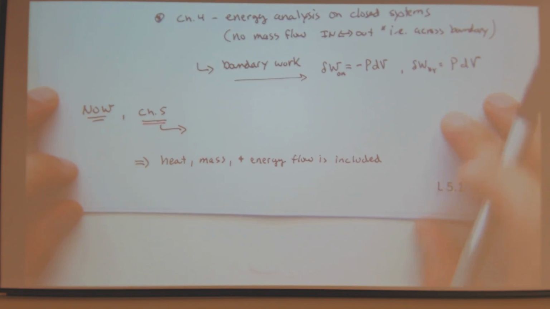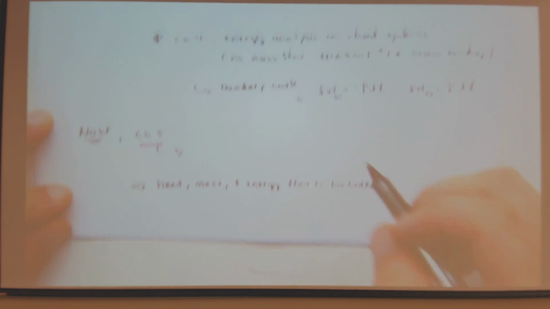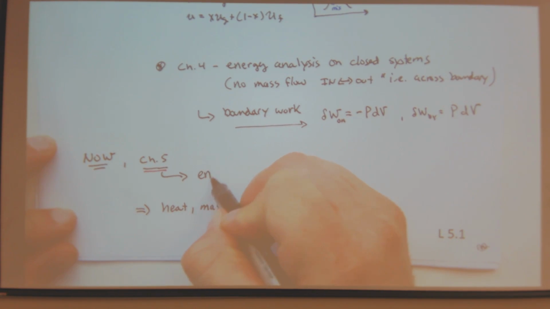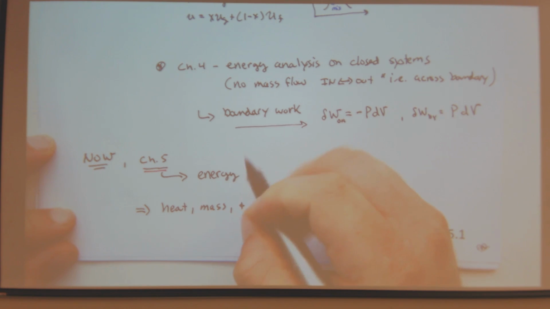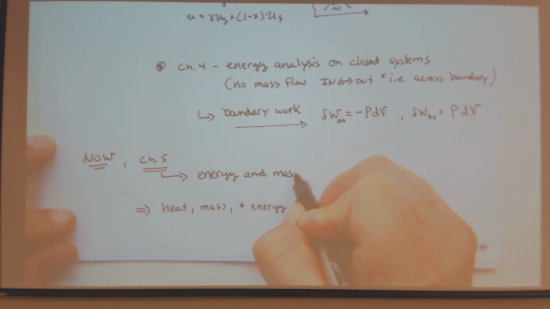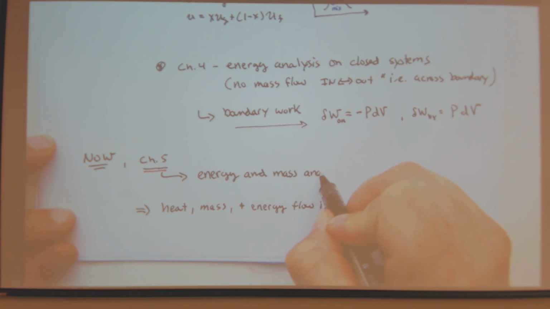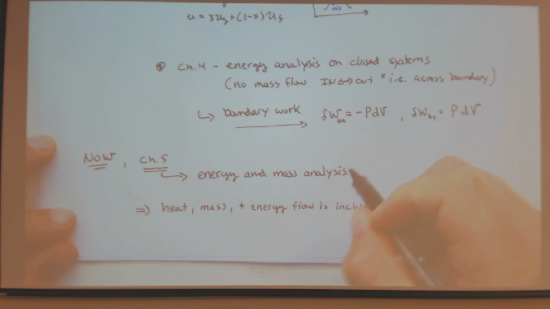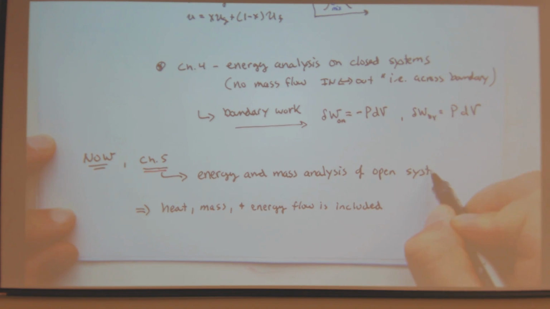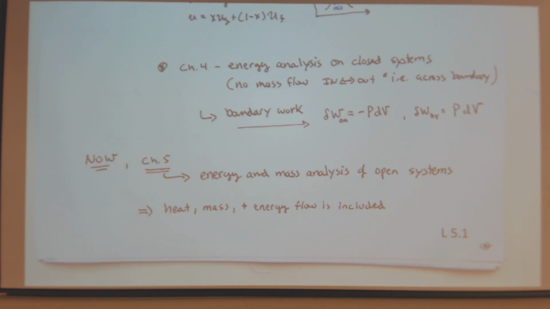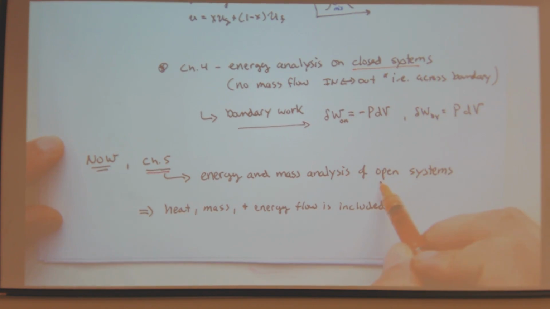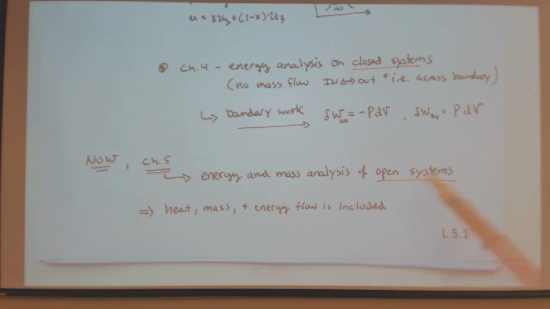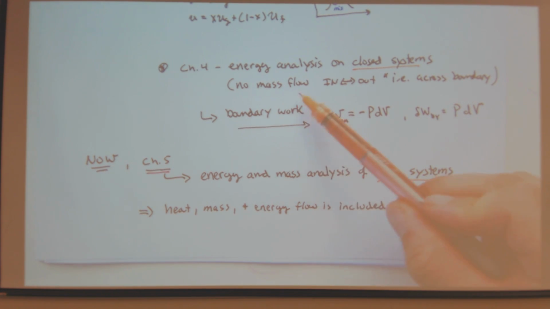So now what we're going to deal with is energy and mass analysis of open systems. So I'll just underline here: with closed systems, now we're doing open systems. Of course, now that we have an open system, we have mass flow.